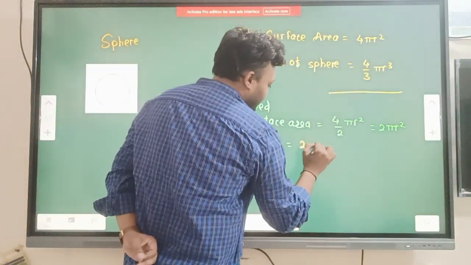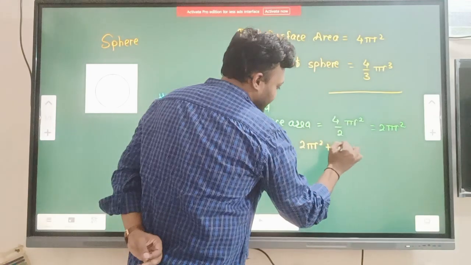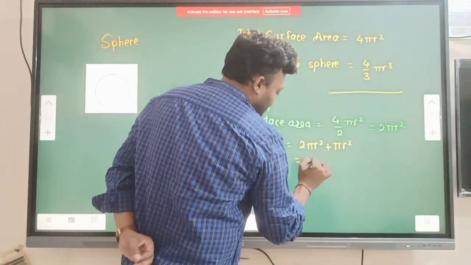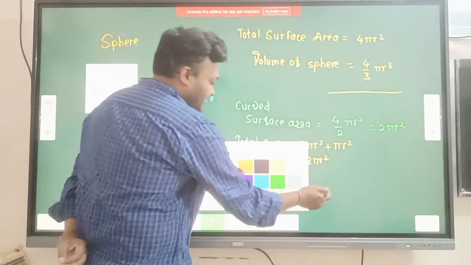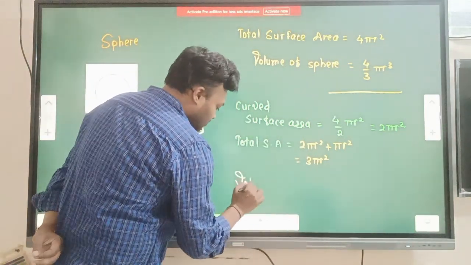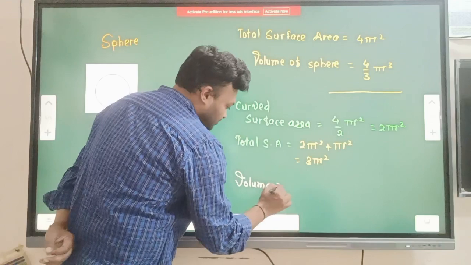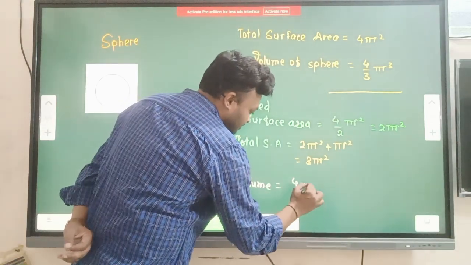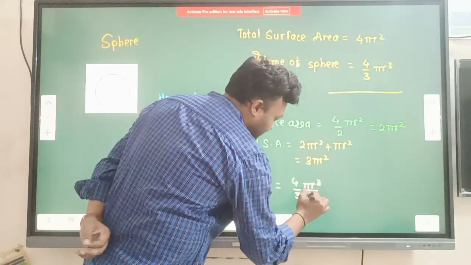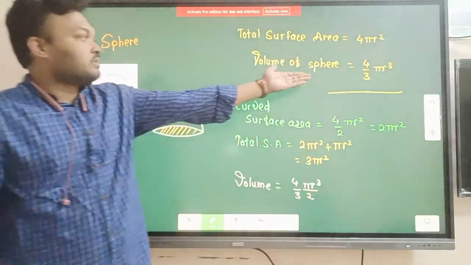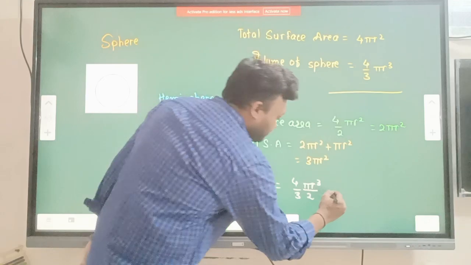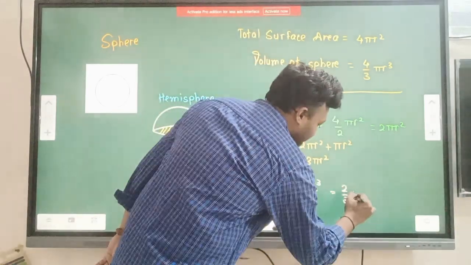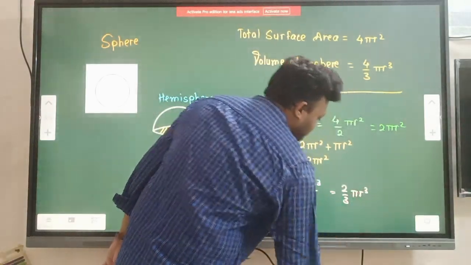So it will be 2 pi r square plus pi r square, and it will be 3 pi r square. In the end, we have volume. It will be 4 by 3 pi r cube divided by 2, because it will be half the volume of a sphere. So it will be 2 by 3 pi r cube.